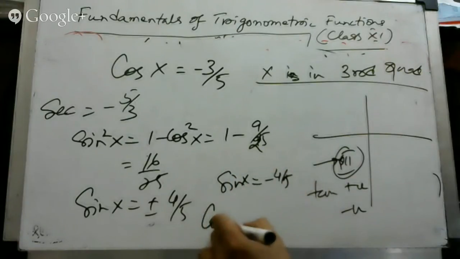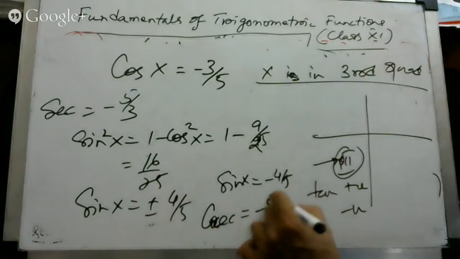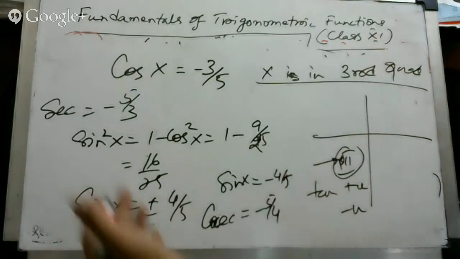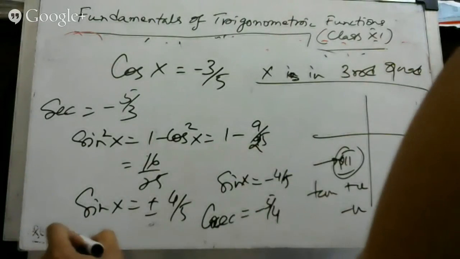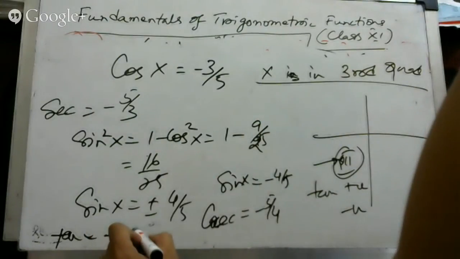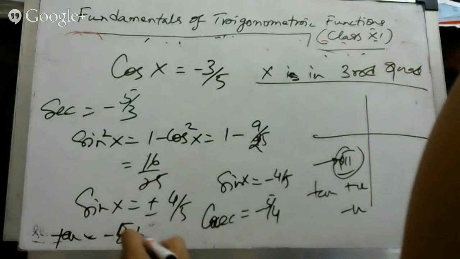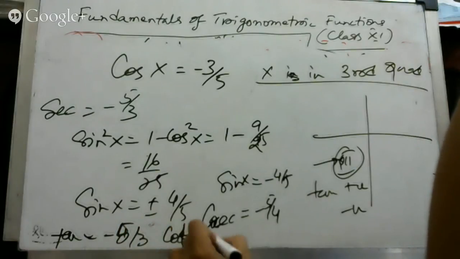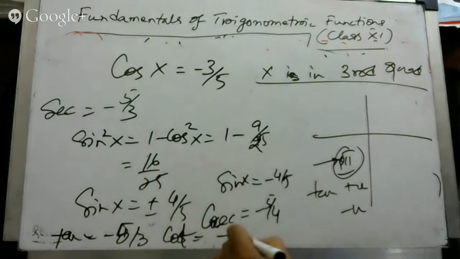So cosec is minus 5 by 4. And similarly, we can figure out tan is also negative, sine by cos, minus 4 by 5 over minus 3 by 5, and cot is 1 by tan. So this is how it is being used in all the trigonometric functions.